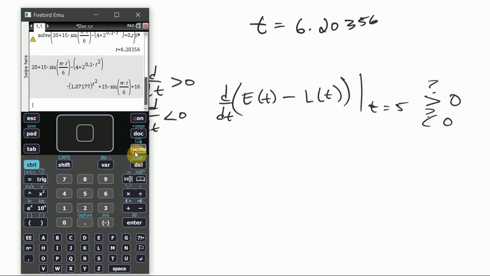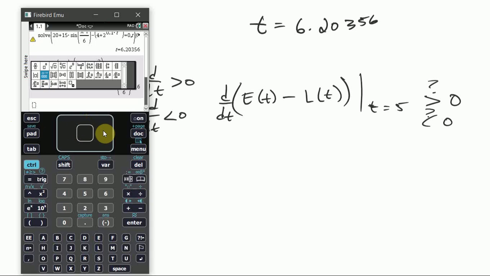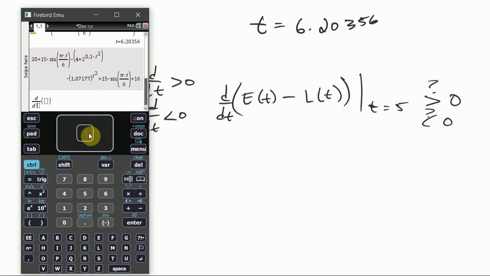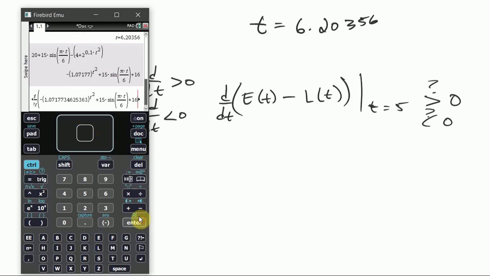Then we ask our calculator to take the derivative with respect to t, such that t equals 5.